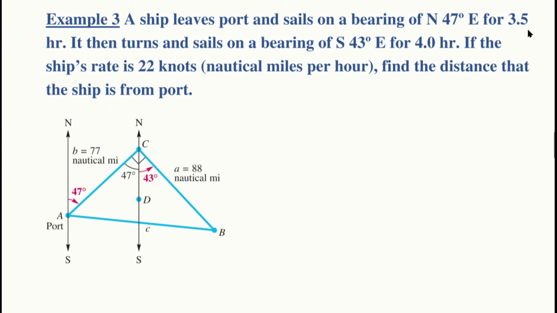For 3.5 hours, it then turns, so it stops here, and then turns and sails on a bearing of south 43 degrees east. So first you draw your north-south line, and then you go 43 degrees, basically south, and then 43 degrees east, like so. Okay? For 4 hours. Could you say that again?